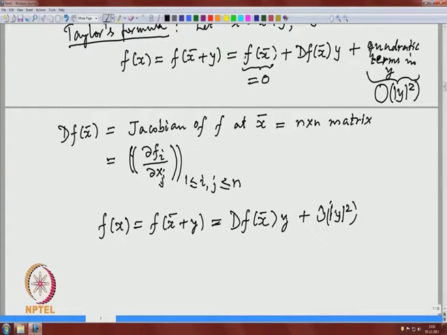So, remember now, recall x dot is equal to f of x.